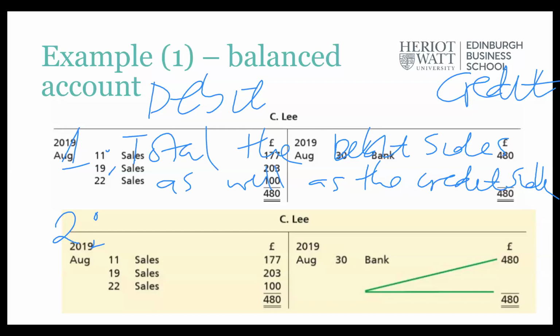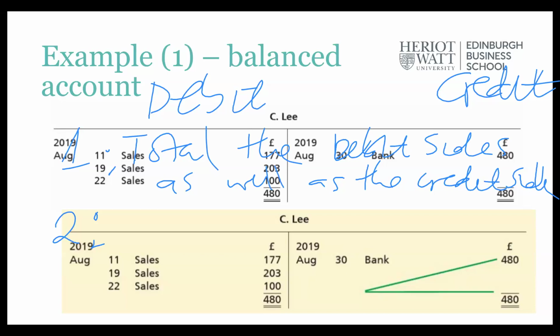Number one, total the debit side as well as the credit side.